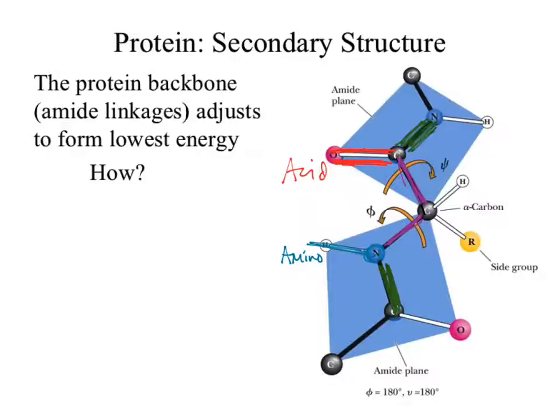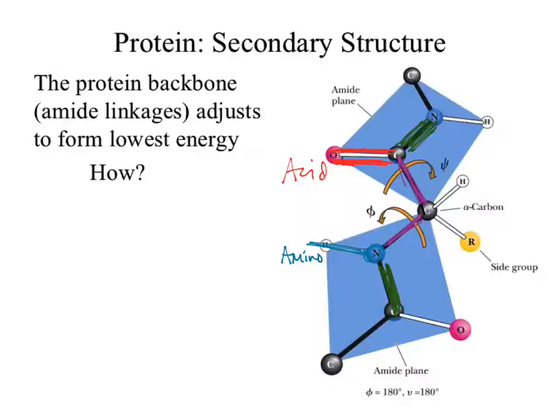Because of that resonance contribution, that limits that rotation. Which means if that bond is now locked up and can't rotate much, how do we get motion out of our molecule or out of our protein? That's going to rely on any bond that doesn't have a pi bond, which would mean the two backbone carbon bonds of our amino acid.